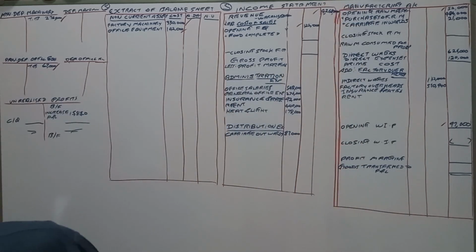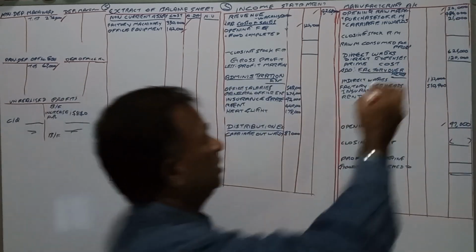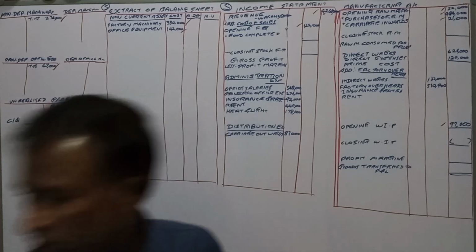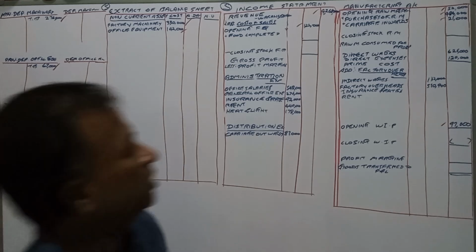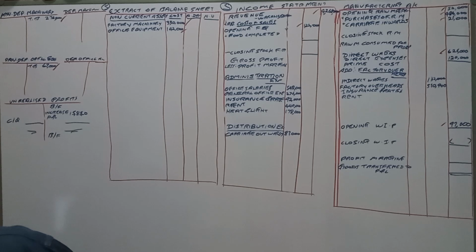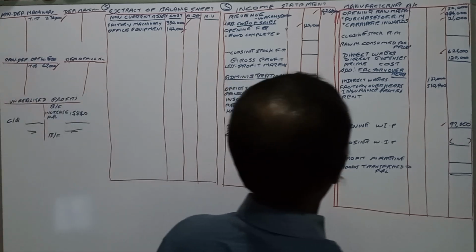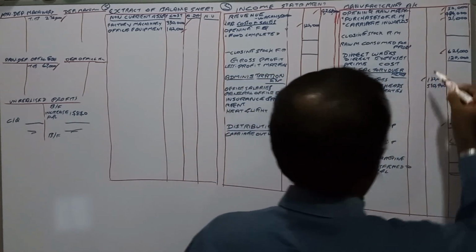Okay, purchases 484,000 taken, and carriage inwards 21,000 taken, and factory wages 626,000 taken, and direct wages 132,000 taken, right?